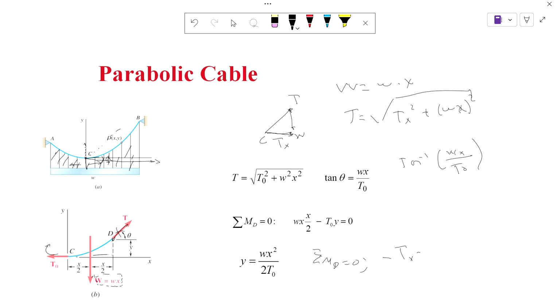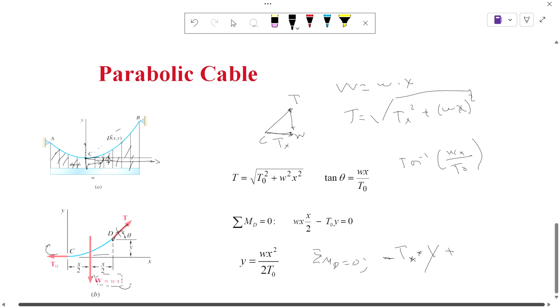But really, what our distance is in y, so Tx times y. So this is negative Tx times y. And then we have W, which is a positive moment, because it's going counterclockwise. So W times, now this is a horizontal distance, W times x over 2 is equal to 0.